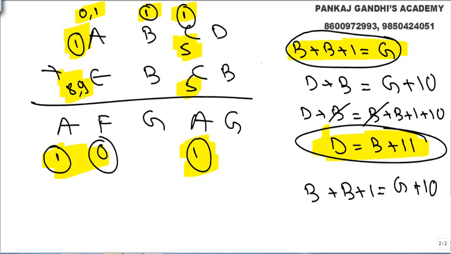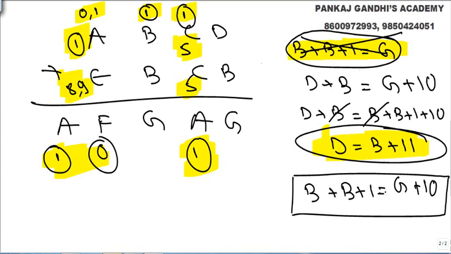D is 11 more than B. A digit can never be 11 more than any digit; the maximum it can be is 9. So what we realize right now is that B plus 1 cannot be G. It has to be G plus 10.